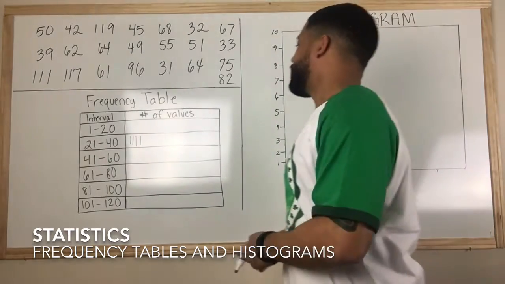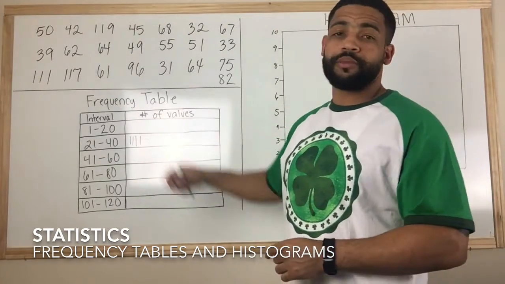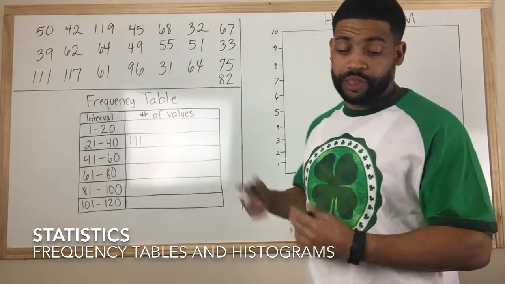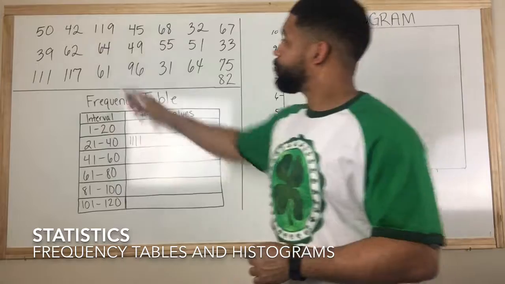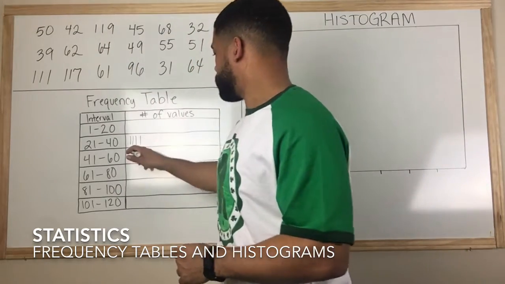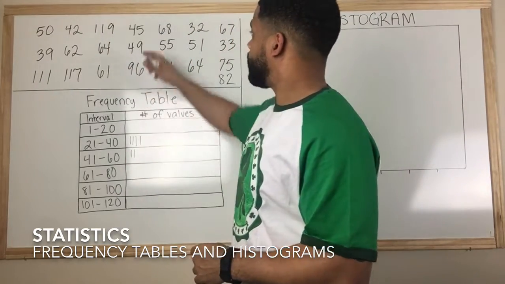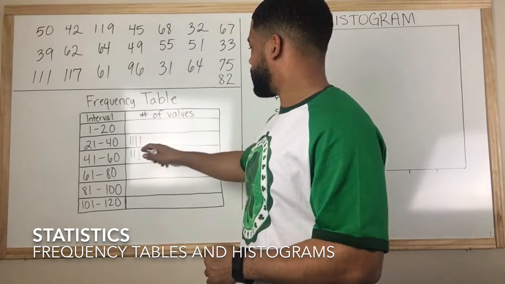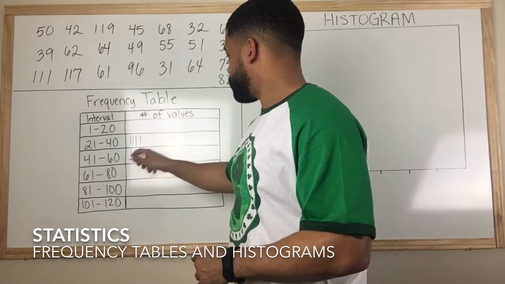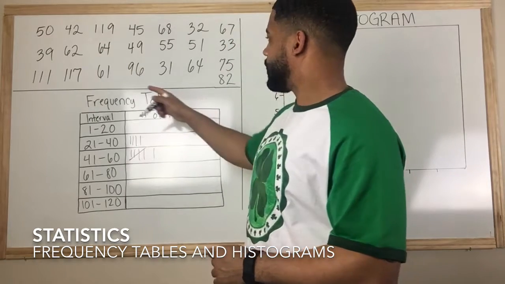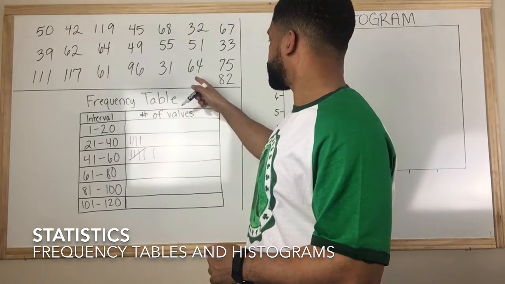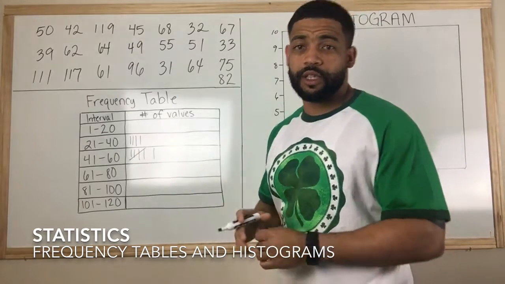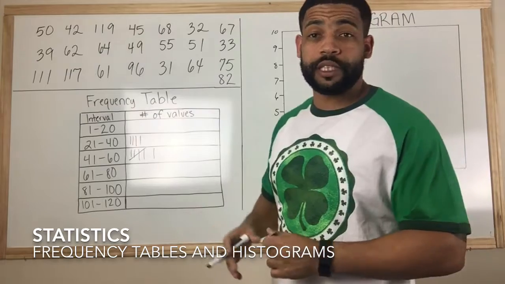Sorry about that. So I have 4 numbers in the interval of 21 and 40. When I look at the interval of 41 through 60, I have 40, 50, 42, 45, 49, 55, 51, and that's it. So I have 6 numbers in the interval from 41 through 60.